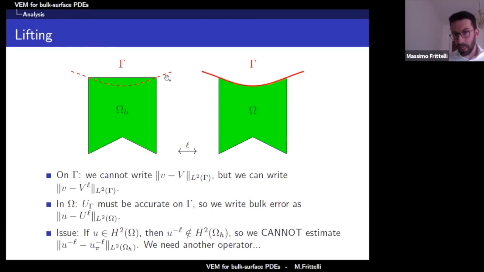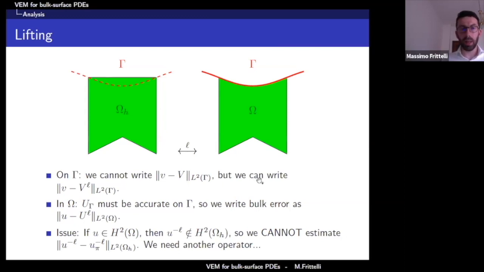What does that mean? That the numerical solution and the exact solution live on different domains. So when we want to estimate the error, the difference, we cannot write V minus capital V because they live on different domains.